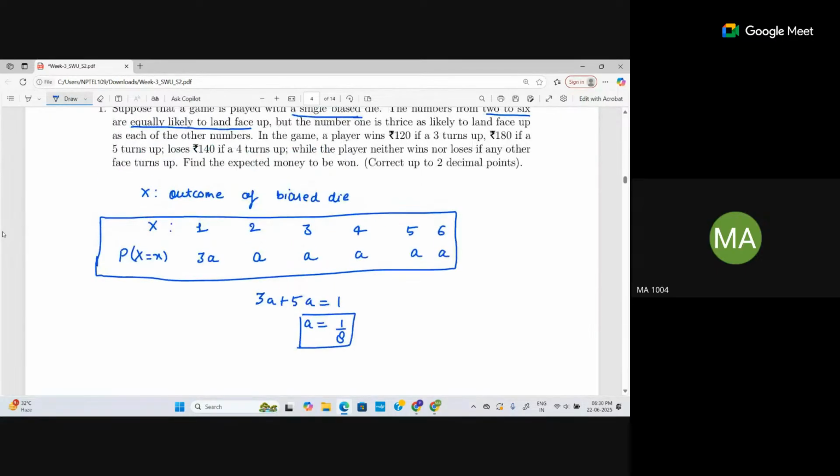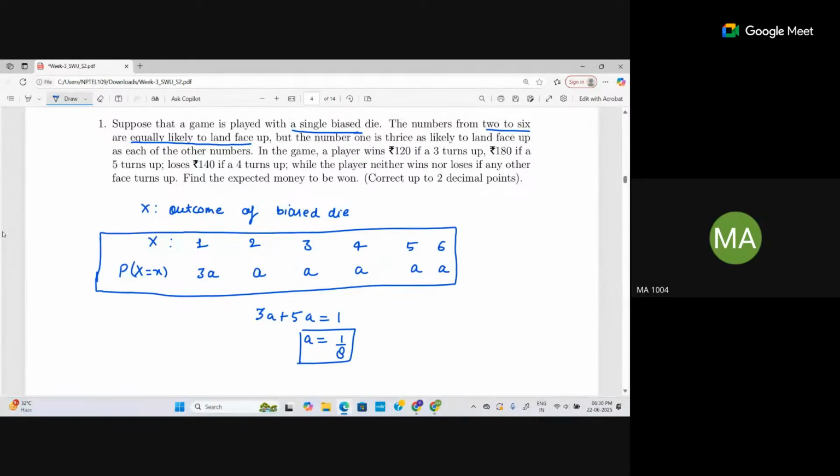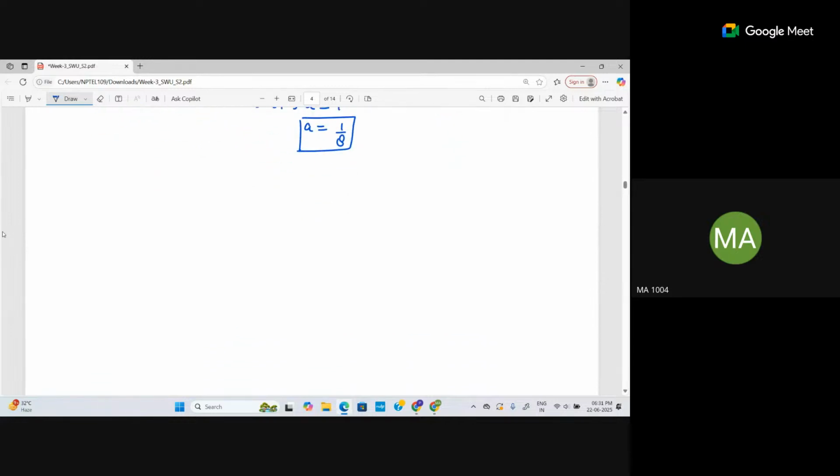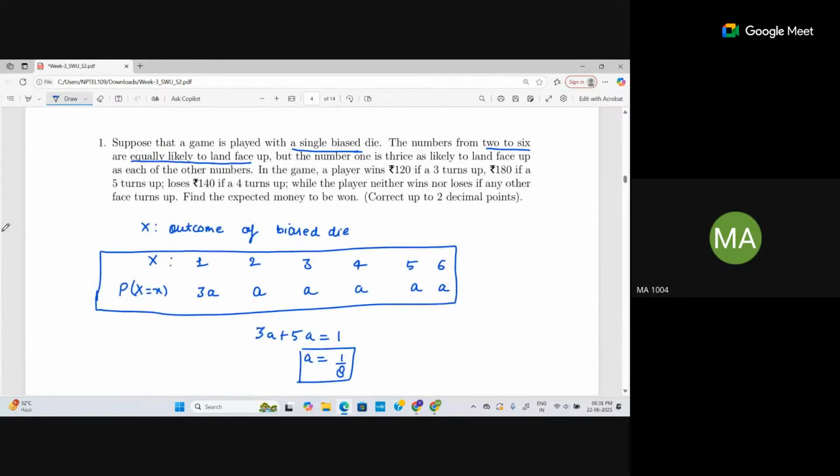Right? Now the question is, in the game a player wins 120 if 3 comes, 180 if 5 comes, and he loses 140 if 4 turns up. So we can assume another random variable y, representing the prize won.